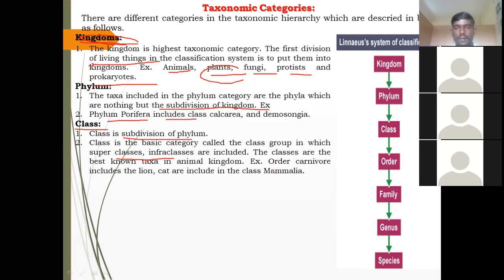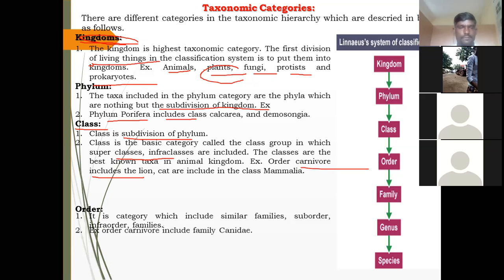So for example, class mammalia has order Carnivora, which includes lion. Here you can easily observe, and cat are included in class mammals, Mammalia. Okay, did you understand?